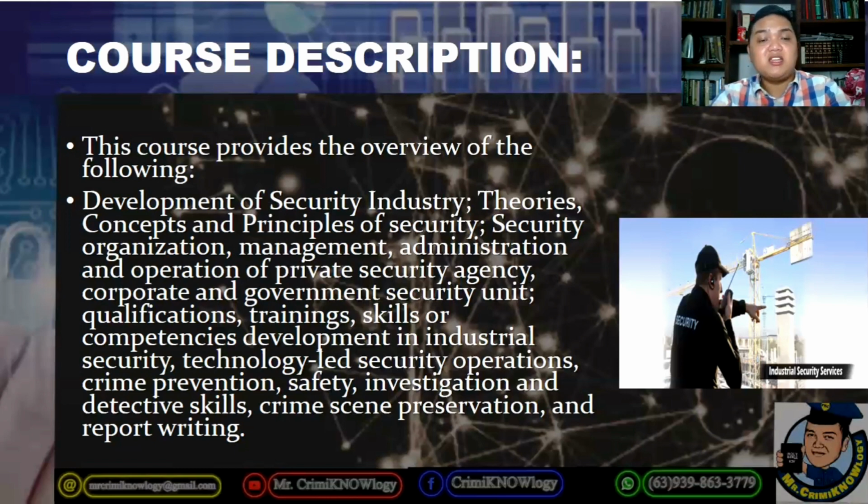And for safety, the investigation once a crime has happened, there is a violation, and detection skills or detective skills, because we can also practice the private security profession. Of course, crime scene preservation, what the standards are, and report writing when there are incidents of crime and violation of the law or the rules. Now, those are the course description.